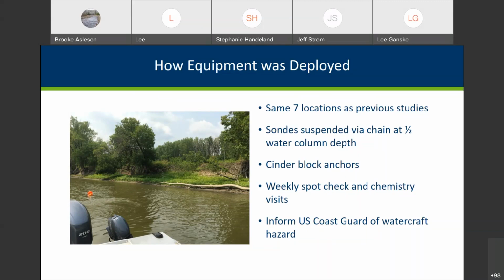So we literally strapped cinder blocks together, deployed them at the 7 locations that the study had historically been done at.